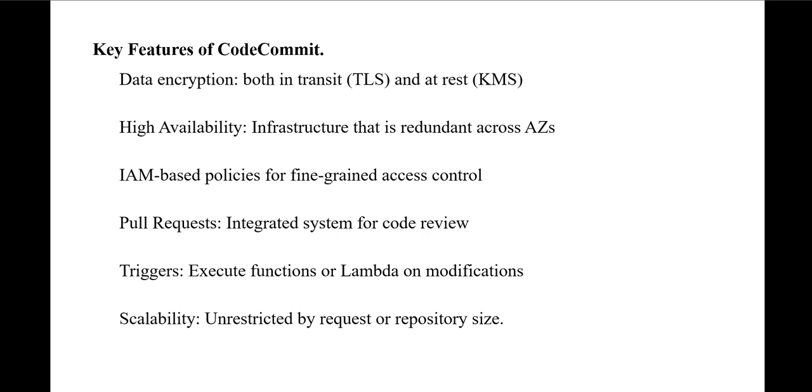Standout features include strong encryption, support for Git operations, pull requests for code reviews, and integrations with AWS triggers. You also don't need to manage any servers or worry about scaling. AWS handles all of that.